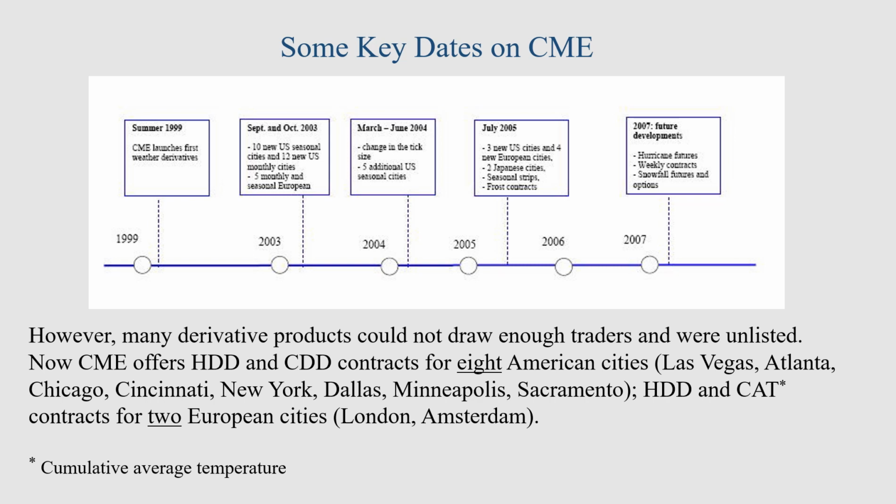In 2004, the change in the tick size occurred and 5 additional U.S. seasonal cities were added. In 2005, 3 new cities were added and 4 European ones, 2 Japanese cities. In 2007, hurricane futures were added, weekly contracts were included, and snowfall futures and options were being traded. Each of these was an attempt to address issues related to climate change.